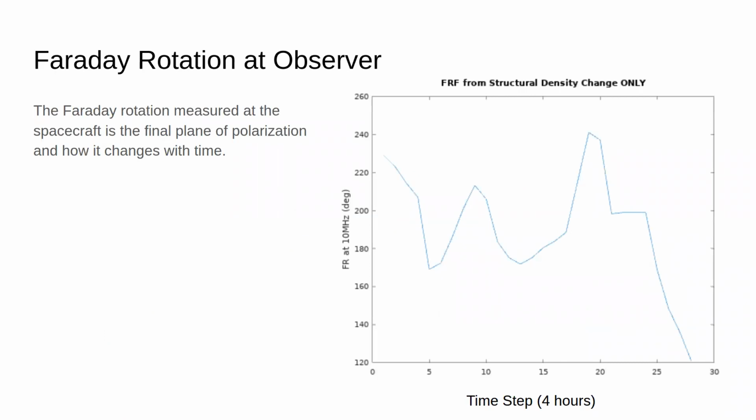Okay, so now, whenever I said that the Faraday rotation would fluctuate, you're just looking at the final value. Here I show low frequency Faraday rotation, so it's at 10 megahertz, and we're just going through pure changes in structure. So I'm not changing the magnetic field or anything, I'm just changing the density with time.